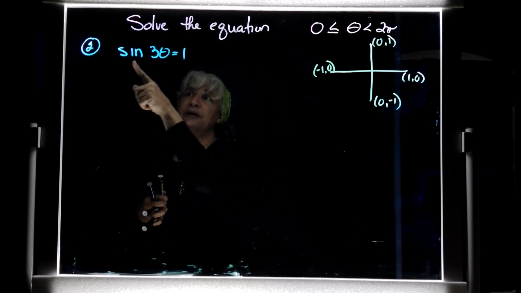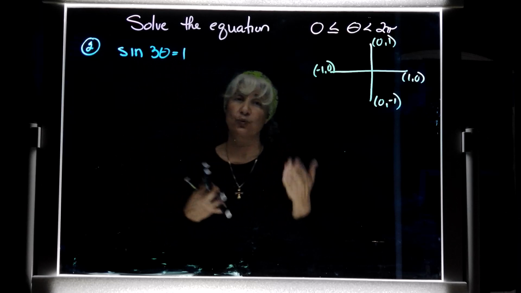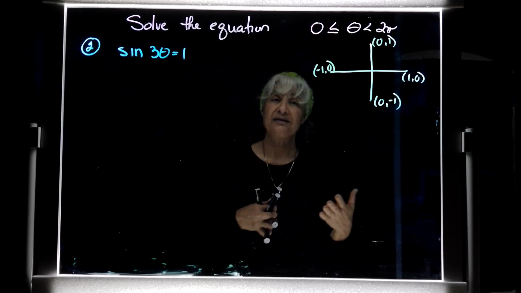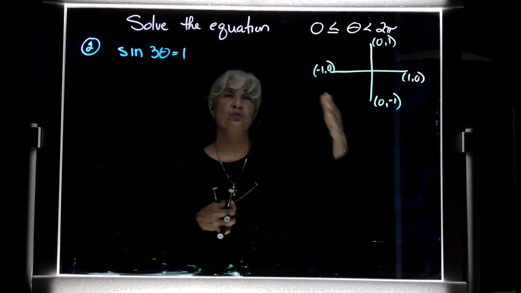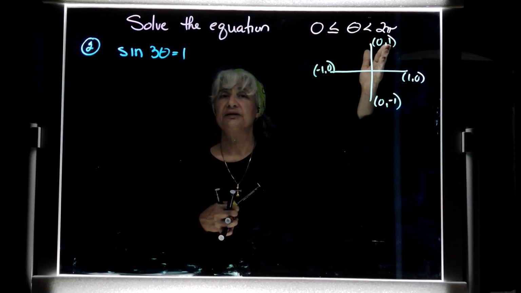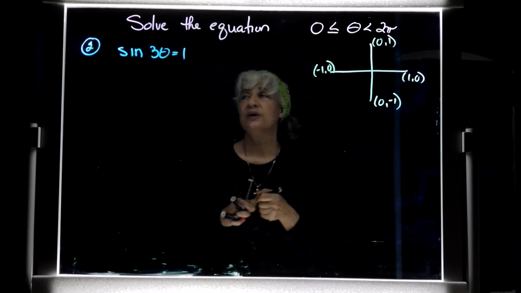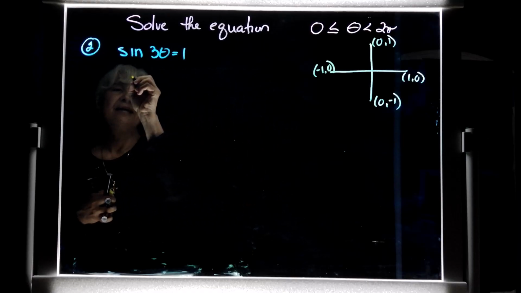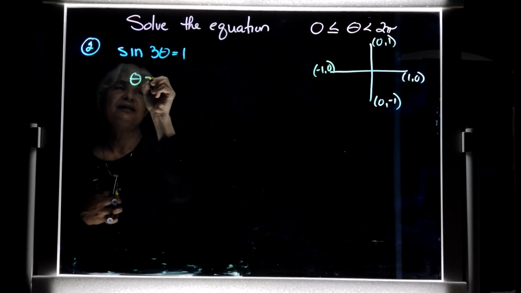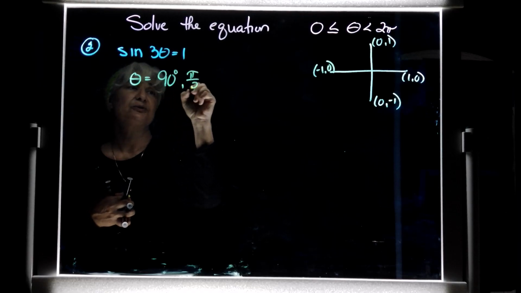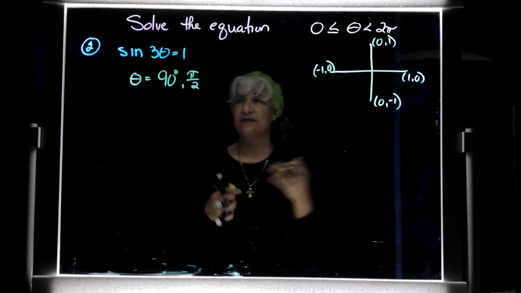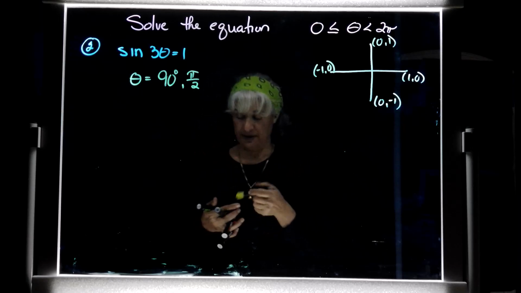So if I'm talking about the sine of an angle and it equals 1, sine, yeah, that's the y's. So where are the y's of 1? Here only, correct? So in that case, your theta is going to be 90 degrees or pi over 2. Since we're in radians, we have to deal with pi over 2, don't we?